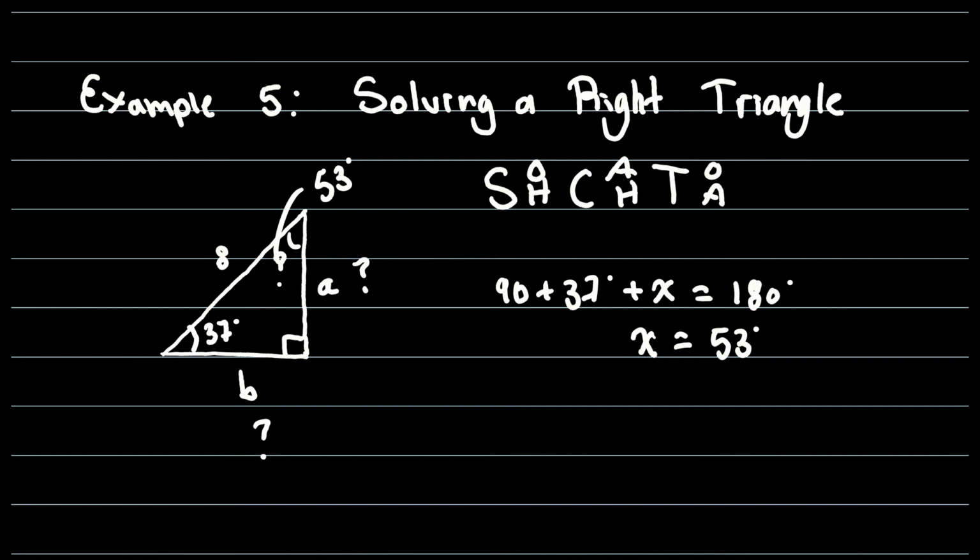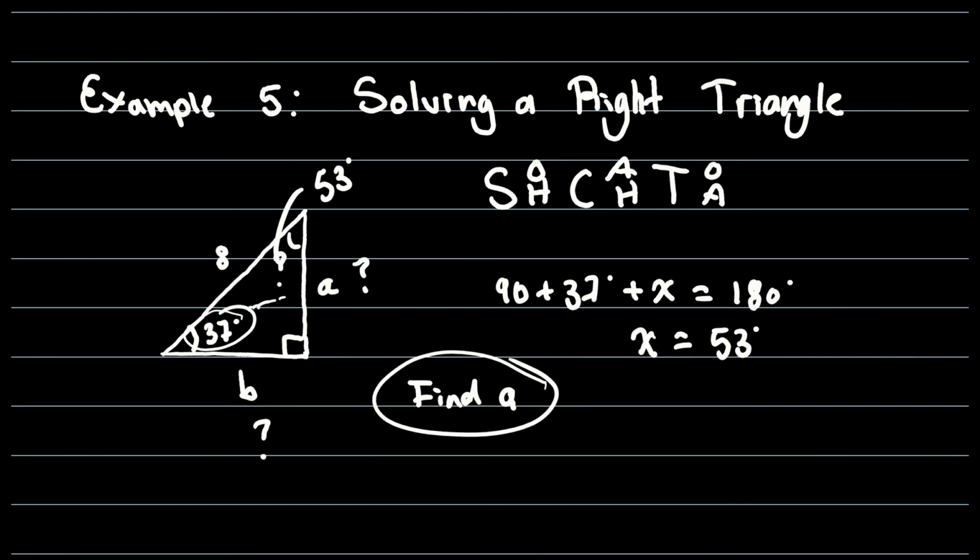And here's where you need to be careful which side you are choosing and how you're choosing it. At least I always stop and pause and think first. So I'm always thinking about this angle of 37 degrees. I'm free to use any trigonometric ratio, sine, cosine, or tangent, but I do need to use the right side labeling. So let's say that I'm interested in finding A. In order to find A, I need to understand what A is in relation to the angle.